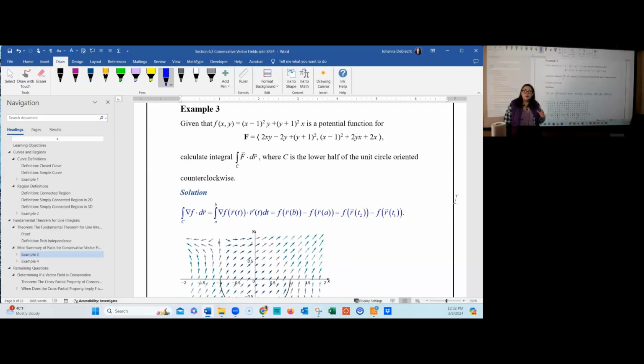Now, we do, of course, have the option of computing F of r of t dot r prime of t dt. However, since we're told that it is, in fact, a conservative vector field, and we're given the potential function, we can use the fundamental theorem for vector line integrals to cut right to the chase and simply plug in at the beginning and ending point on our curve.